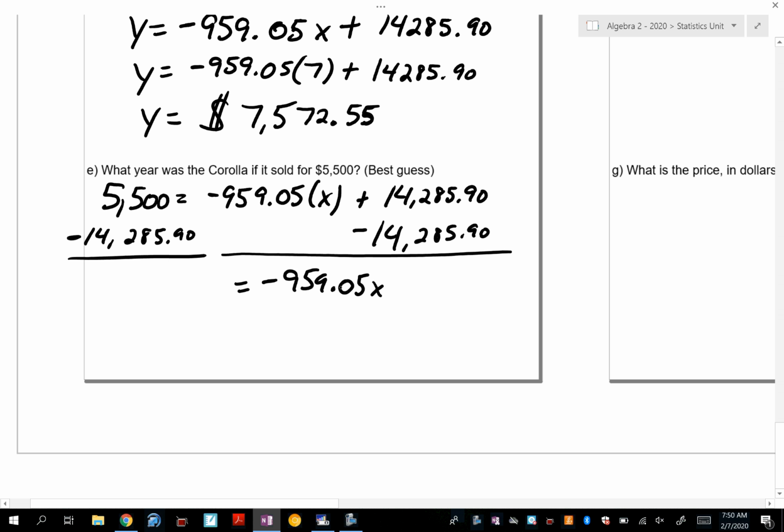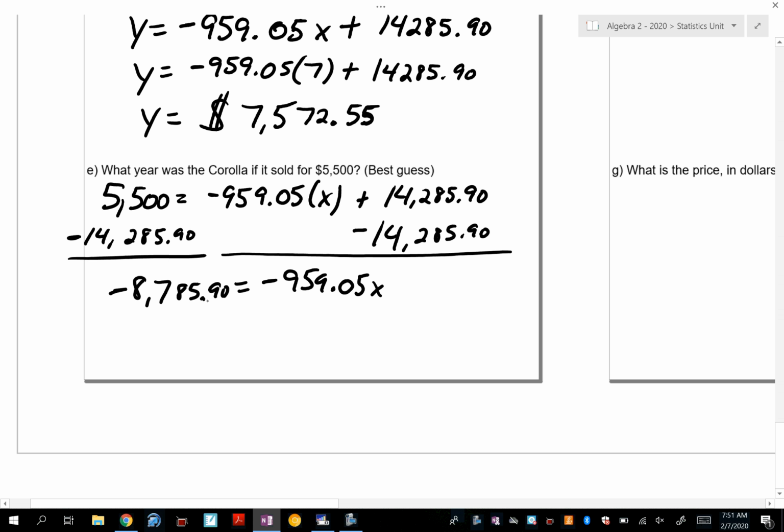Let's see what I got on the other side. On that side I've got negative $8,785.90.